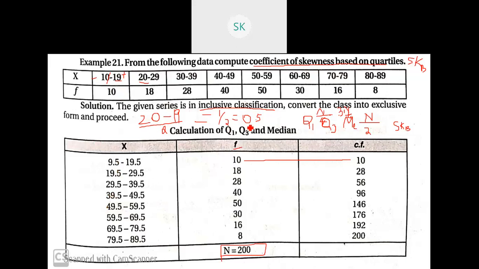The correction factor is calculated with the formula: lower limit of the class interval, except the first class, minus upper limit of the previous class interval, divided by 2. Here we get the value 0.5. So you are supposed to subtract 0.5 from all the lower limits of the class intervals and add 0.5 to all the upper limits.